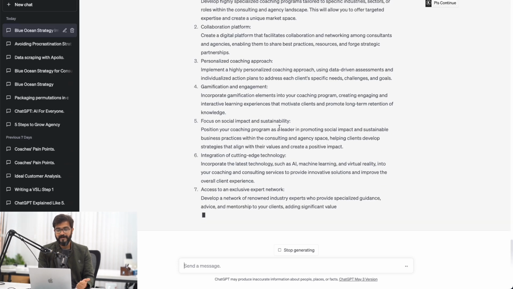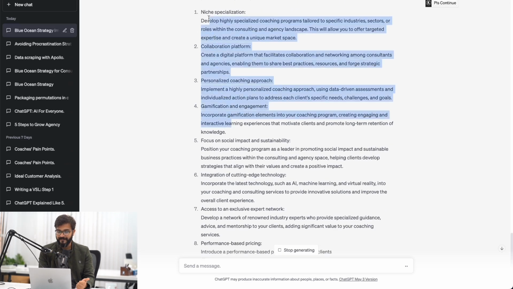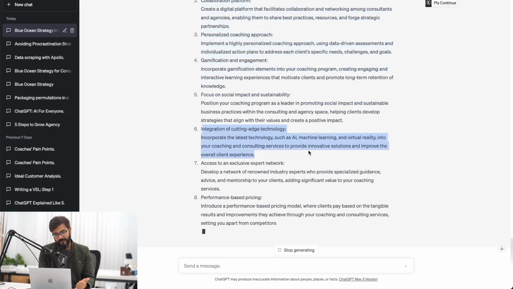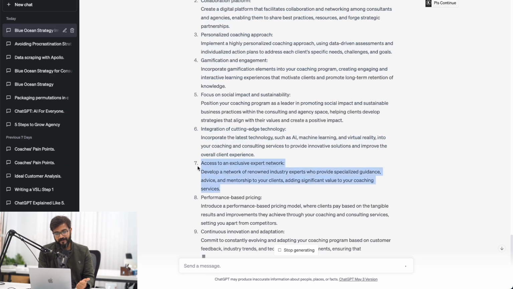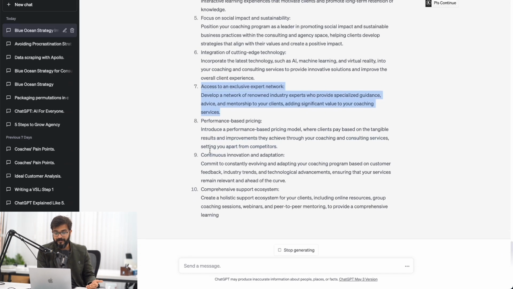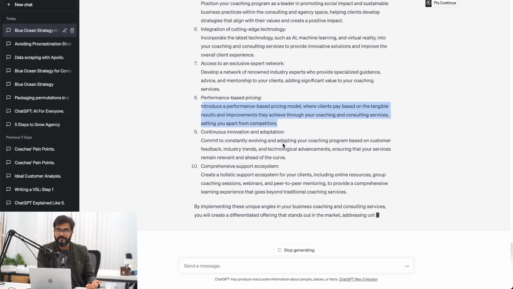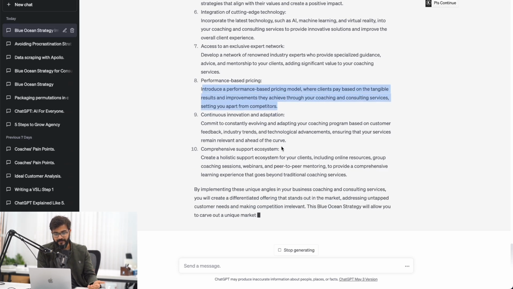Focus on social impact, not really, but I really like the first 4 approaches. Integration of cutting edge technology like AI and stuff. Yes. We can have an exclusive expert network. So let's say if we have a network of experts, we can give them access to that. That will make us unique. Performance-based pricing. This is a coaching program. Performance highly depends on the other side, so I won't need it. Continuous innovation, 100%. Comprehensive support.